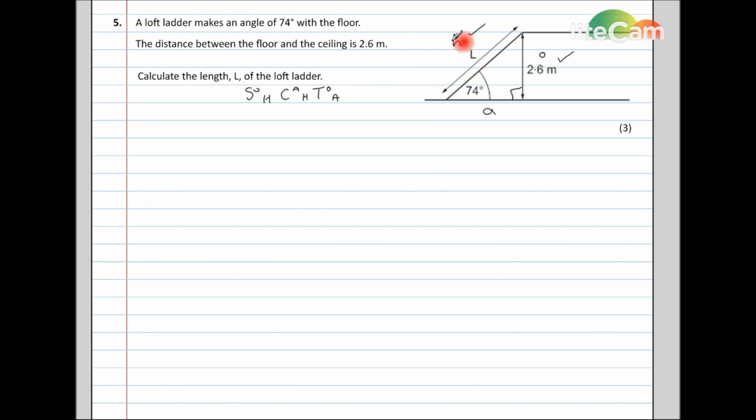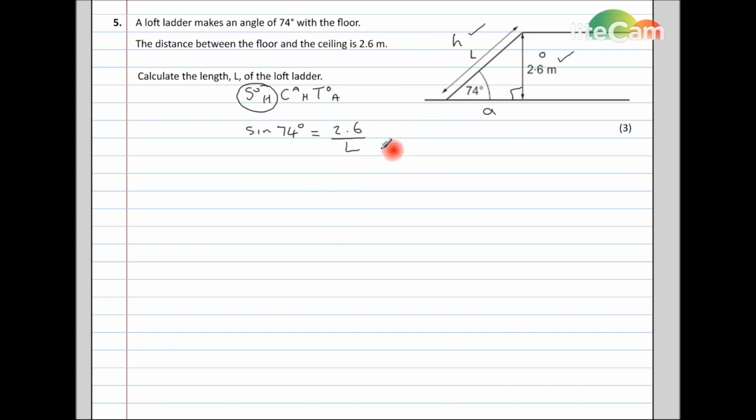This problem involves H and O, so it's going to be a sine. So writing the formula down with the numbers substituted in, we get sine 74 degrees equals the opposite, which is 2.6, divided by the hypotenuse, which is L.